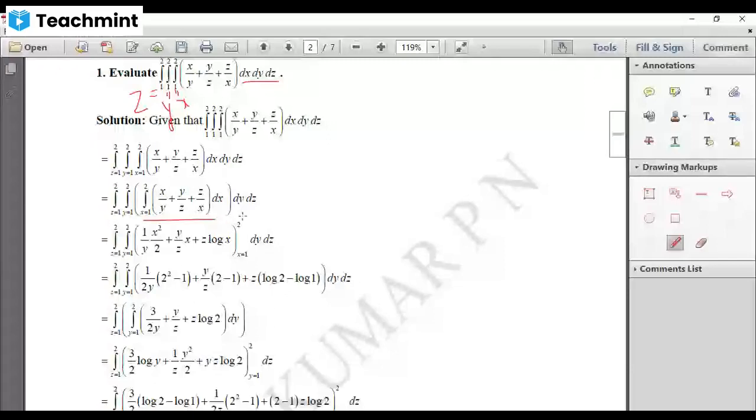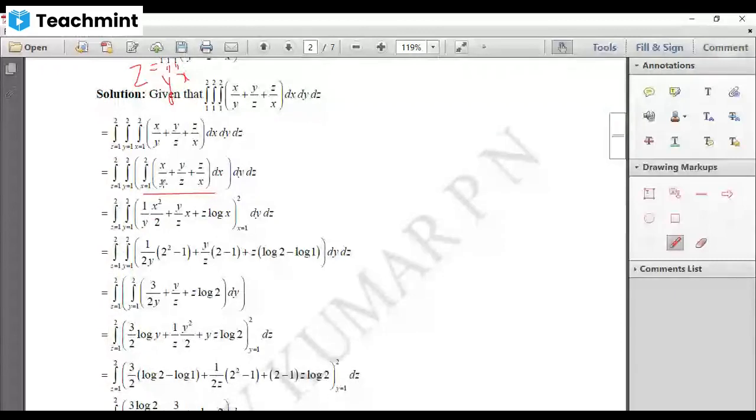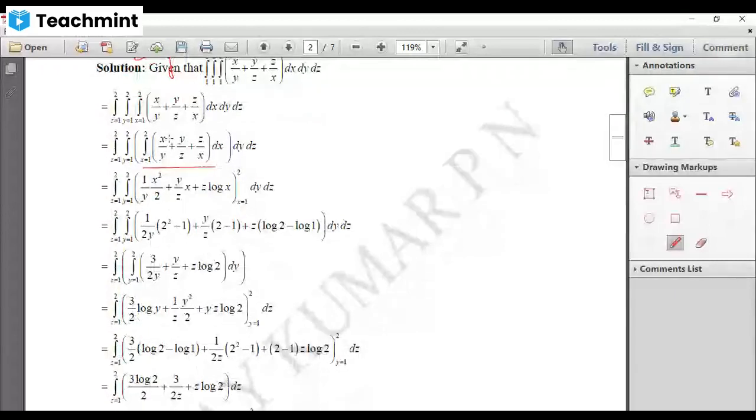Now remember, when you are integrating with respect to x, the other two variables will be constant. Once the integration with respect to x is done, only y and z will remain. Right? Now, since when you are integrating with respect to x, you have to keep y and z as constant. Now here, 1 by y is constant. What is the integral of x? X square by 2.